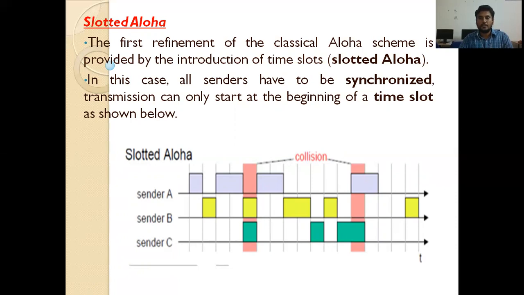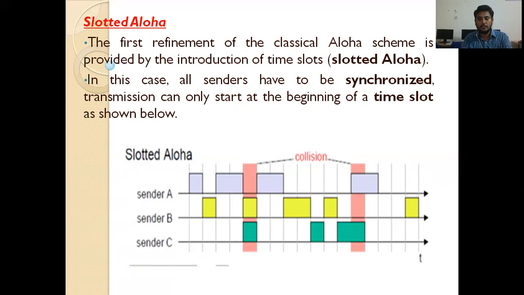That means the time is divided into slots. When senders have to transmit packets, they have to send the packet at the starting of the time slot only.